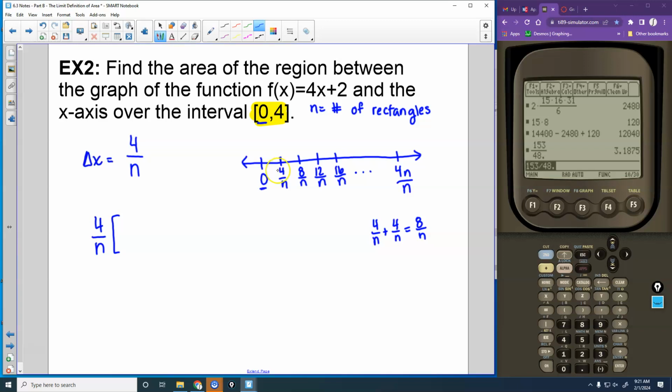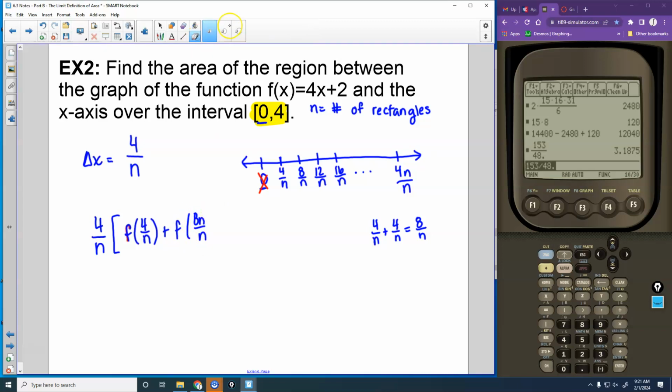And then we would not use 0 because we're using a right Riemann sum. So we would have f of 4 over n plus f of 8 over n.